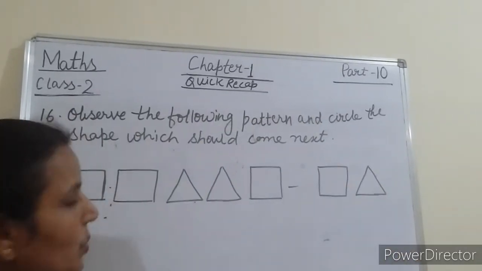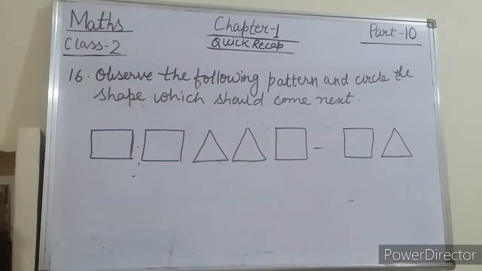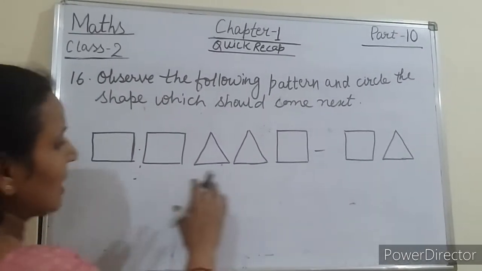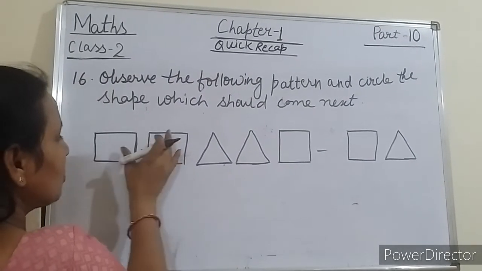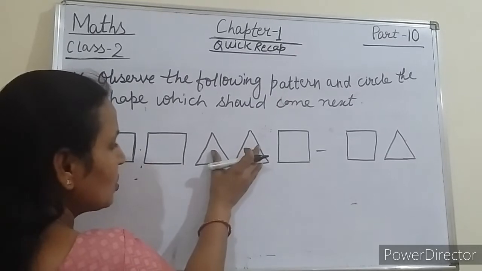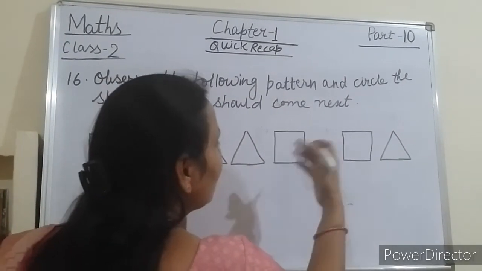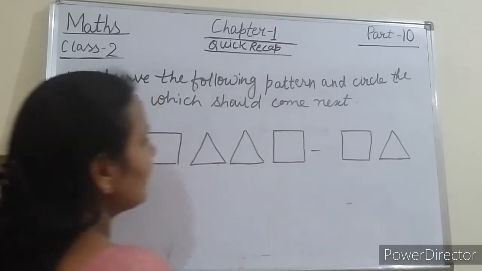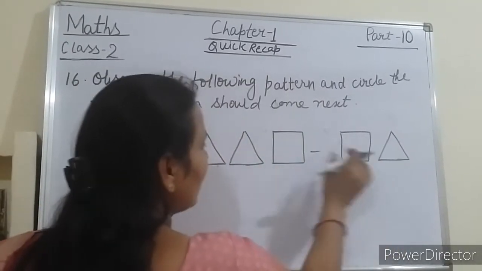So students, do you know what is pattern? So a pattern is a series or sequence that repeats. So see students, here 2 squares, again 2 triangles, 1 square. So what will be the next? What shape will come the next?